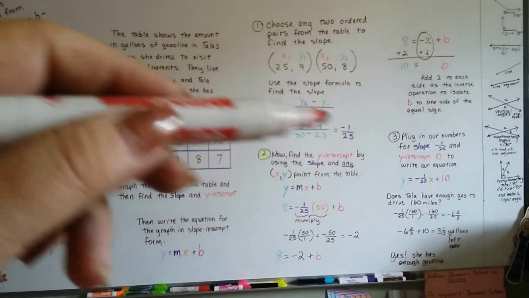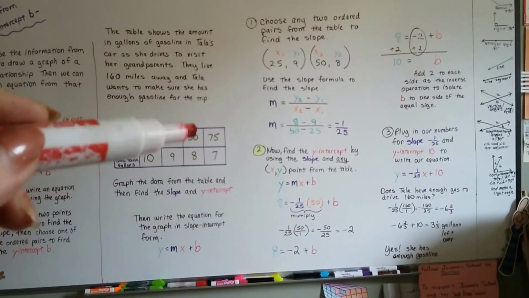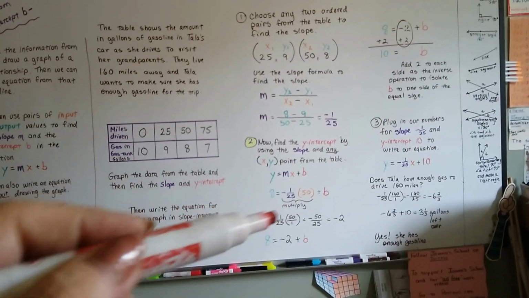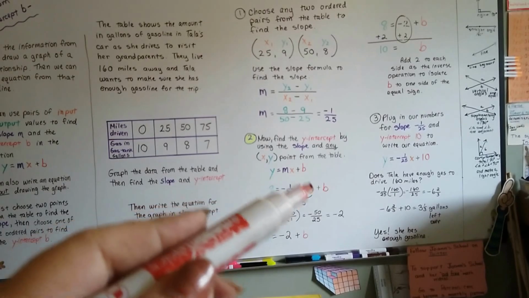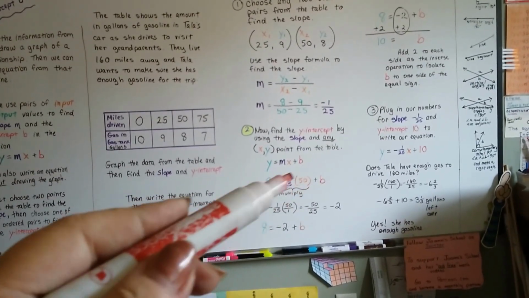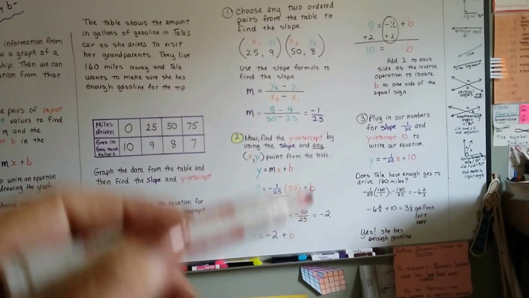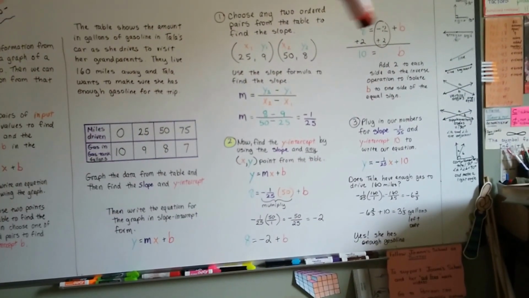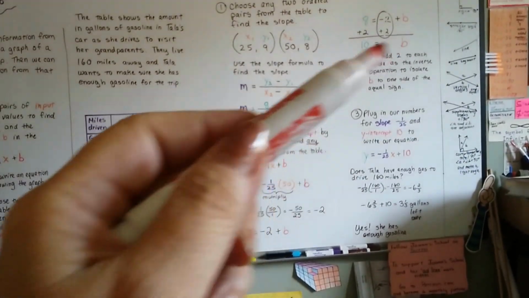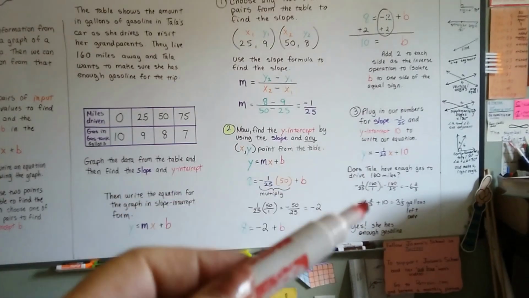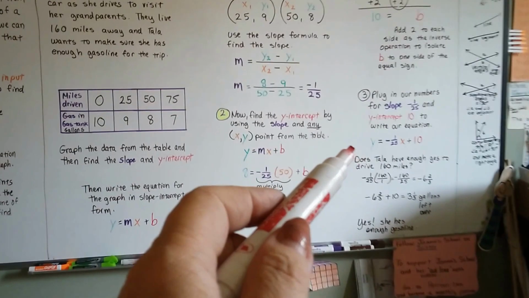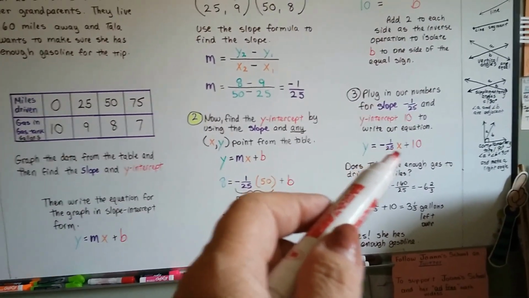Once we found the slope, we just chose a pair of xy values from the table and plugged it in, and we were able to put the product from multiplying these two together here, and we were able to do the inverse and isolate b to one side, and then we were able to find out what b was and plug it into our equation with our slope, and we've got our equation. Y equals negative 1/25 x plus 10.